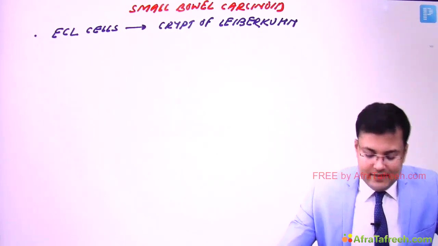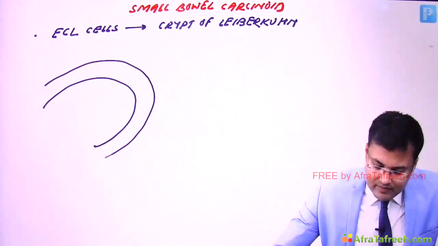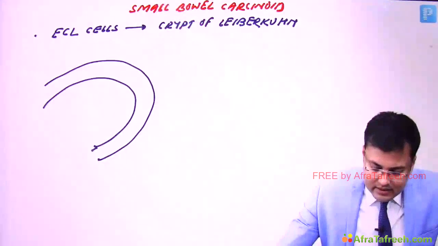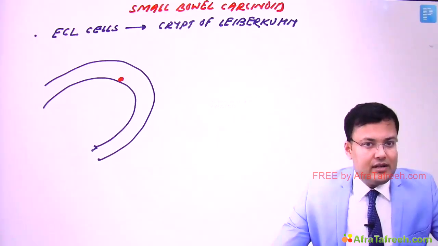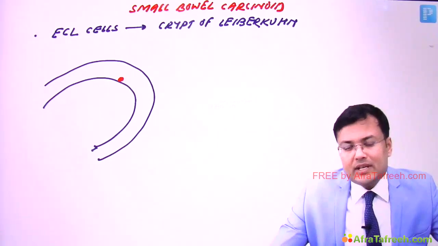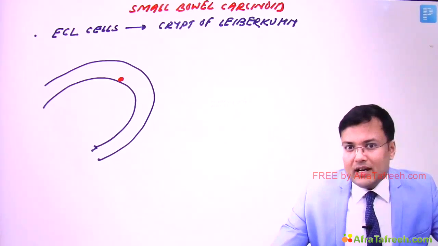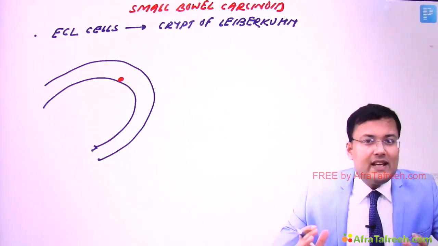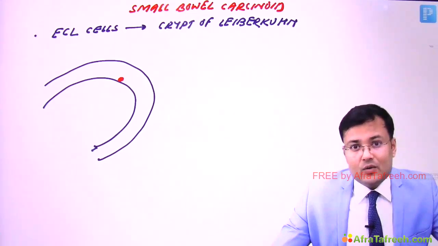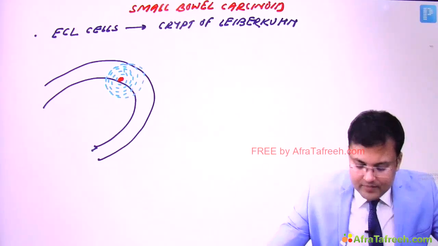Now see the other manifestations. Imagine that this is the small bowel, clear? And in this case, this is the tumor. See, carcinoid tumors are very small initially, and some patients become symptomatic because of manifestations of carcinoid syndrome. Now what happens in small bowel carcinoid? The tumor is very small, but it is associated with intense desmoplastic reaction. What is the meaning? Can you see there is excessive fibrosis around the tumor?